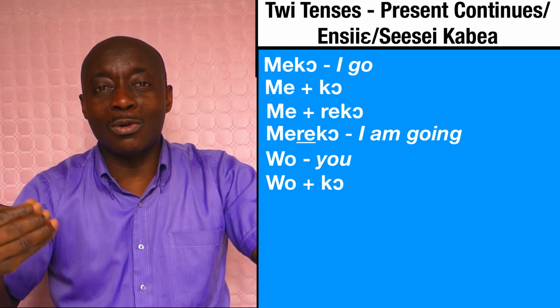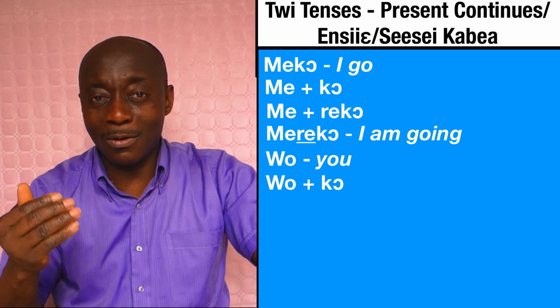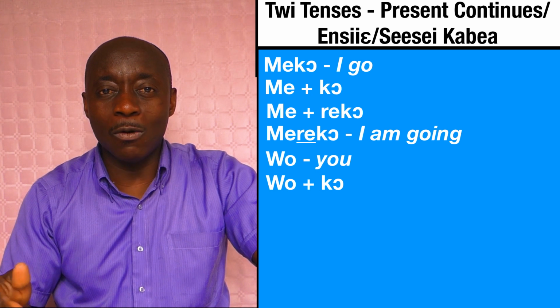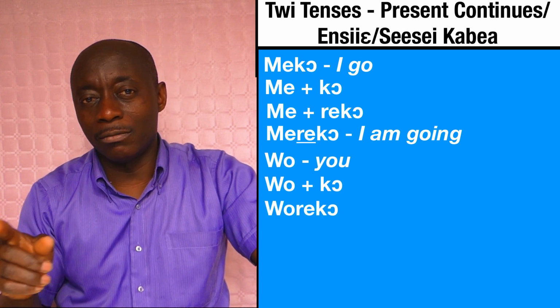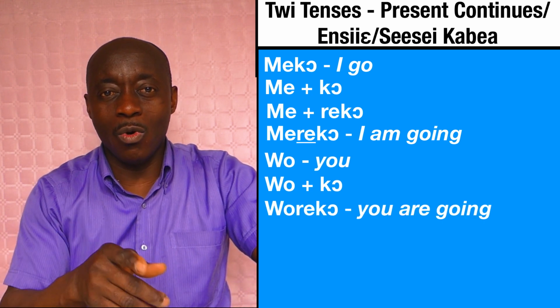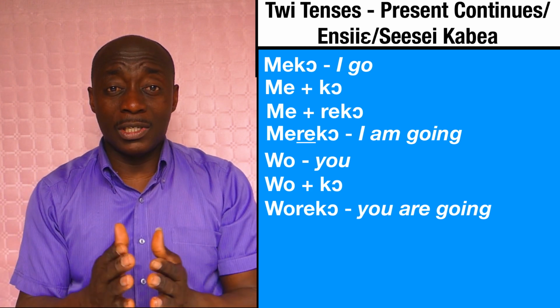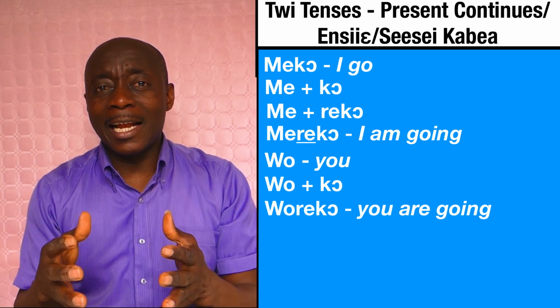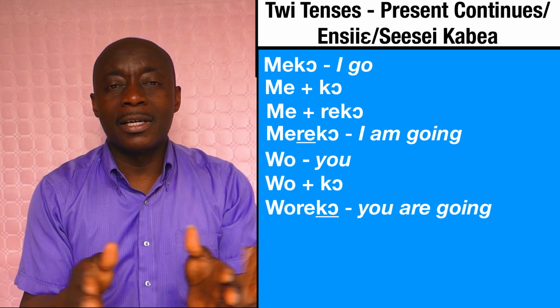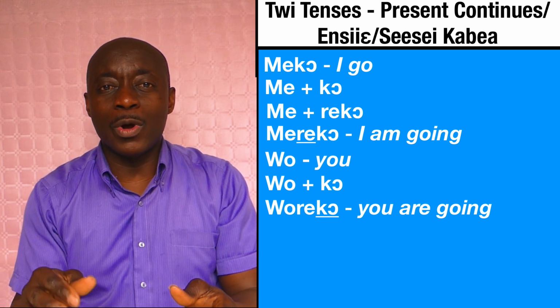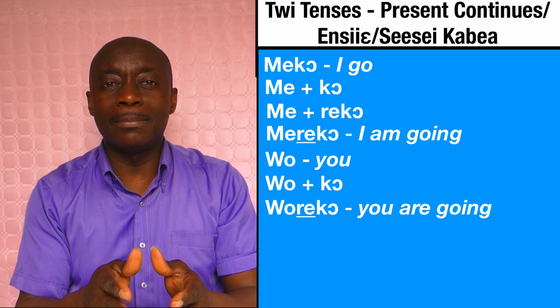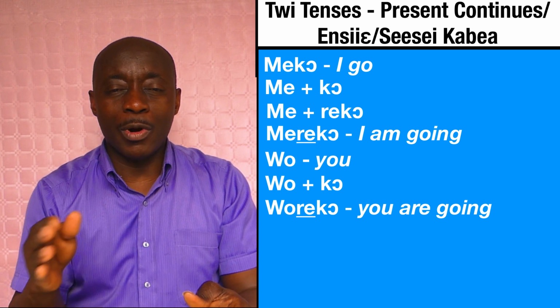However, because we want to construct a statement in the present continuous tense, I will say wo re ko. So here you see that before I added the verb, ko, I prefaced the verb with re, and it became woreko.